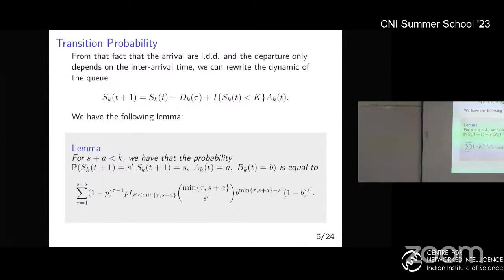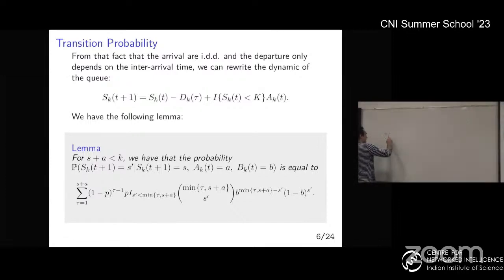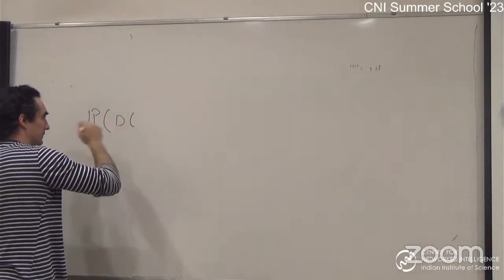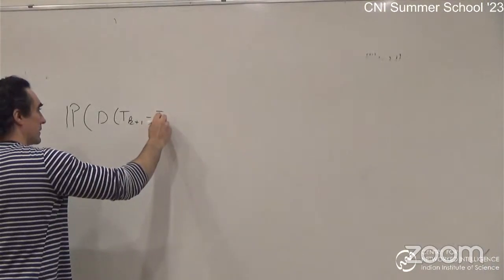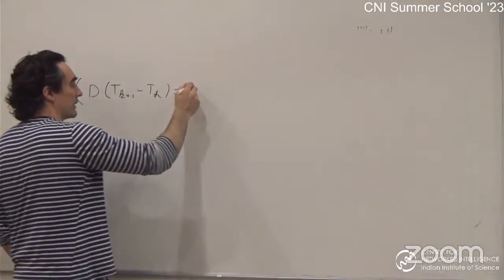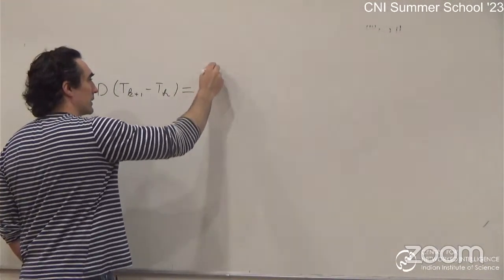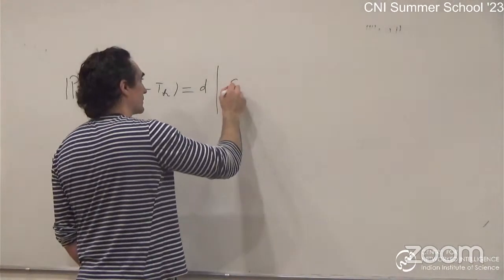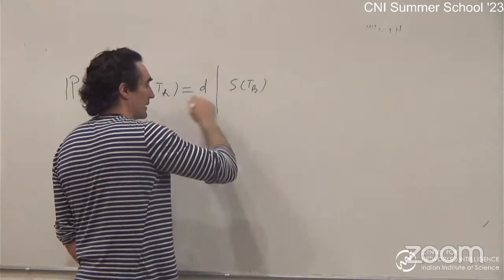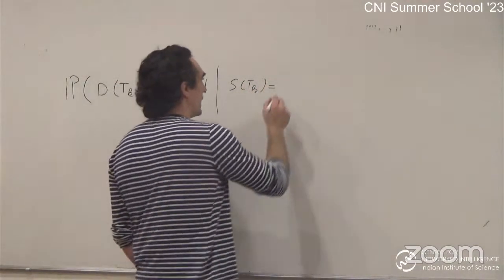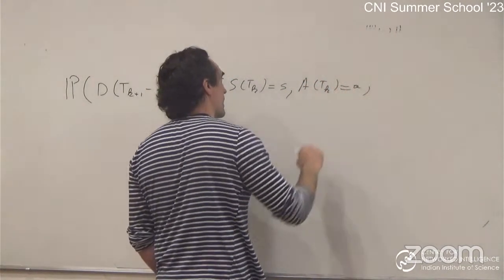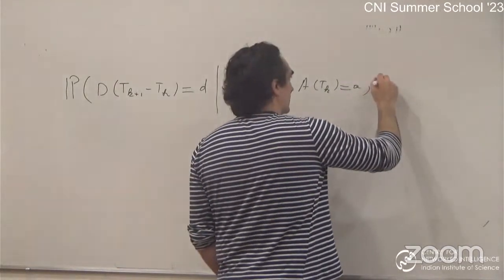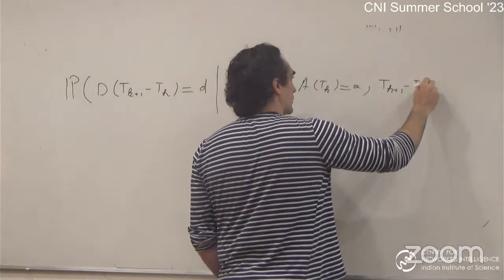So, what is the probability of departure between tk plus 1 minus tk, which is equal to, let's say, departure d, knowing that S of tk is equal to S, A of tk is equal to A, and tk plus 1 minus tk is equal to tau?